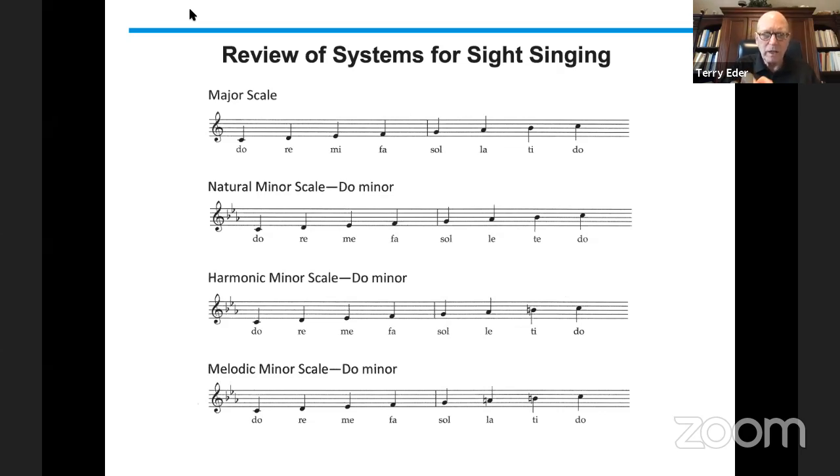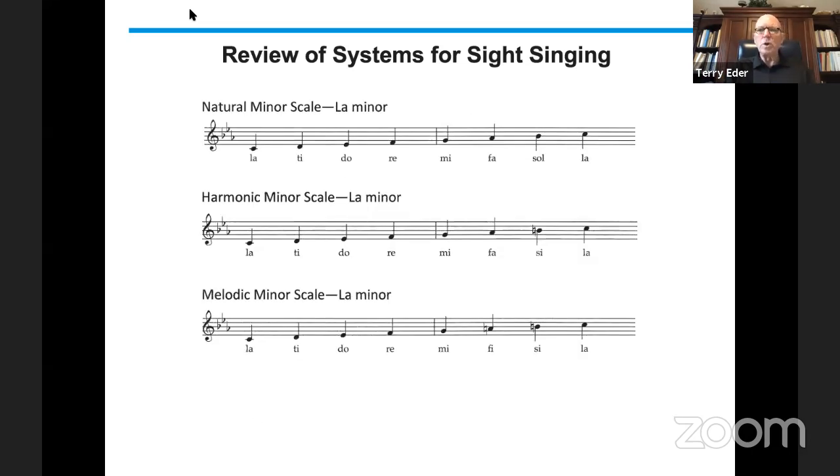So there's lots to be said pro for do minor, but there's also pro for la minor. And a lot of choir teachers probably use this when they're sight singing in their choral rehearsals. I know I did as a choir director, and especially when I was preparing for contests, it came in really, really handy.